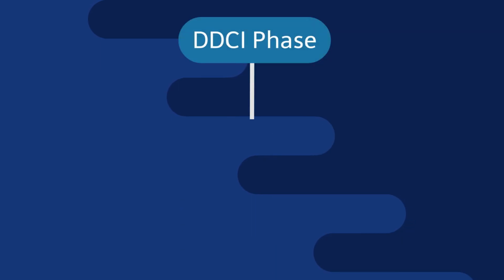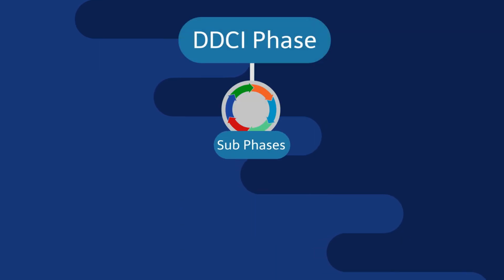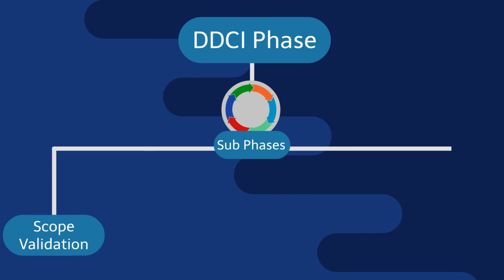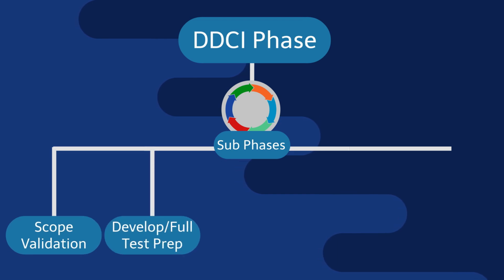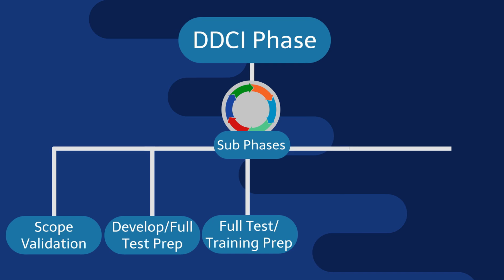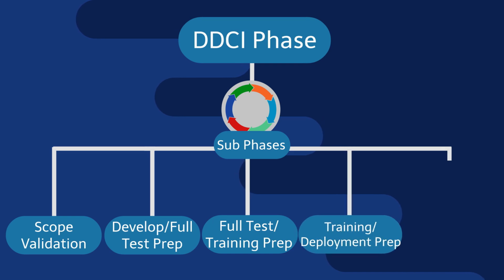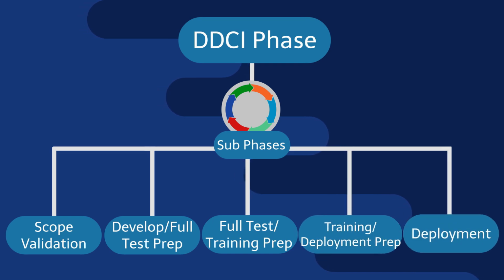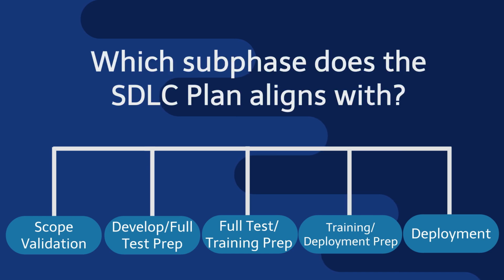Within each phase, there are several subphases that act as quality control gates to help us ensure we are meeting all requirements with the expected level of quality. These subphases include scope validation, develop and full test prep, full test and training prep, training and deployment prep, and finally deployment. Can you guess which subphase the software development lifecycle plan aligns with?